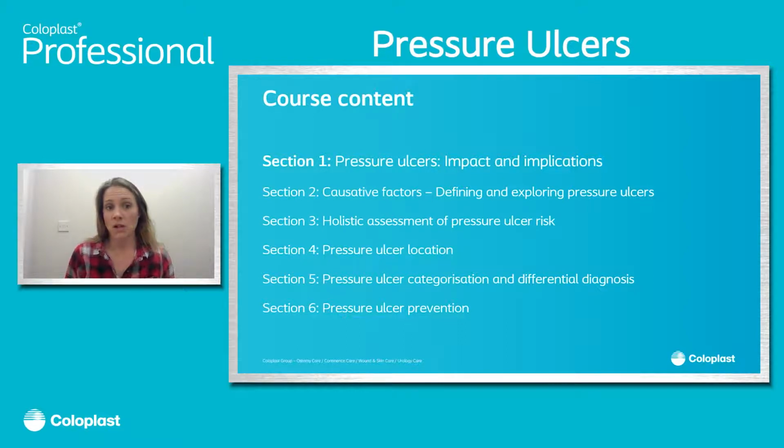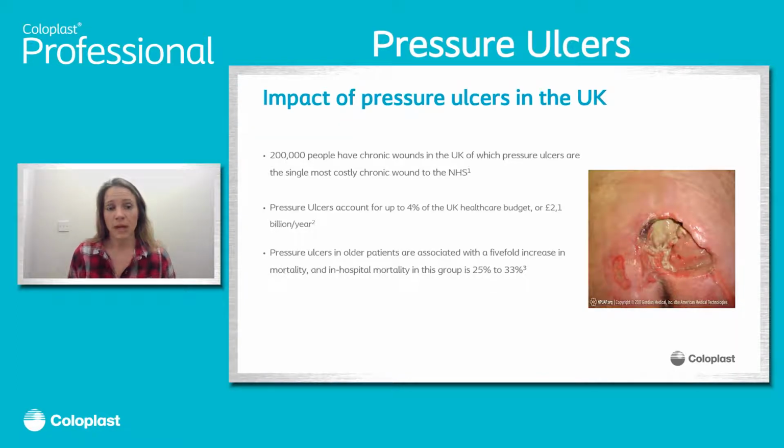So we're going to start by looking at the impact and implications associated with pressure ulcers. And actually, we see a huge number of pressure ulcers in the UK, which has a big financial impact. So, for example, pressure ulcers can account for up to 4% of the UK healthcare budget. So around £2 billion a year.